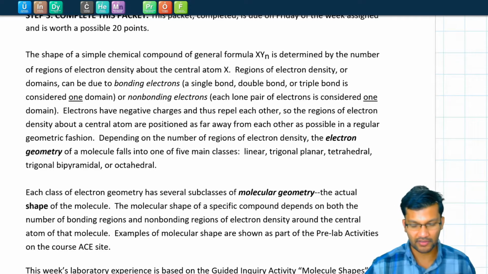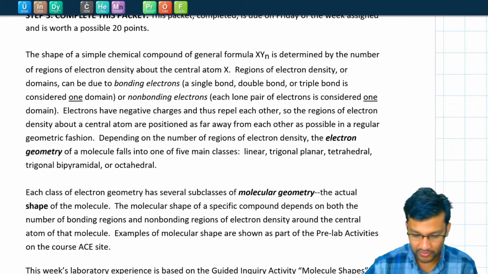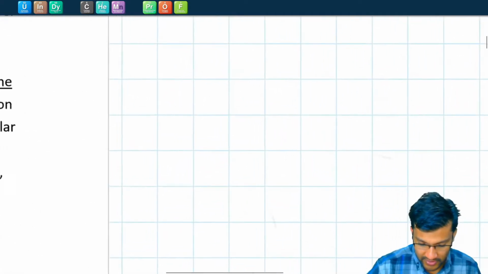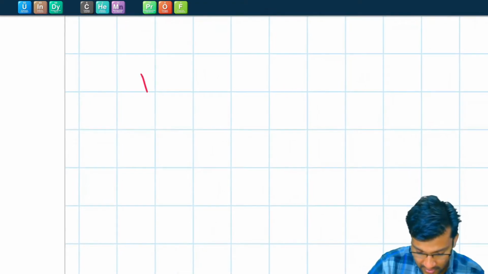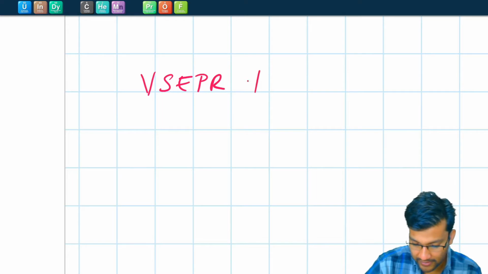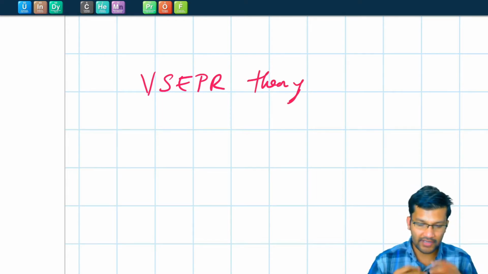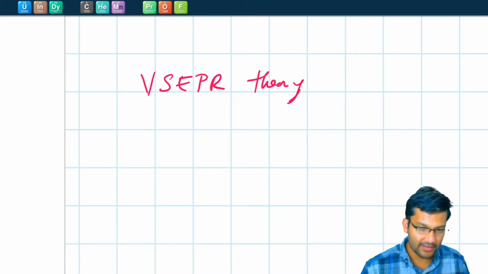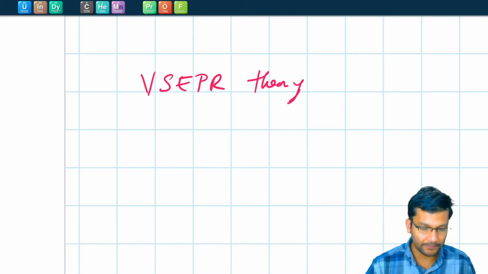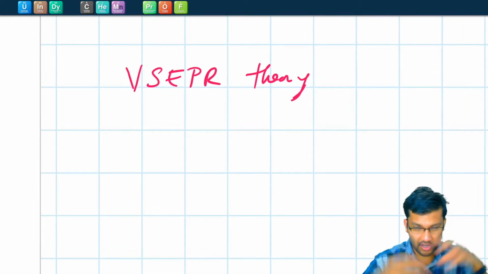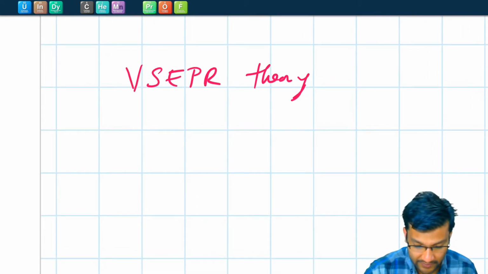Now in our course so far, we talked about how we can go about figuring out the geometries around certain atoms when they're in molecules using what we call VSEPR theory, valence shell electron pair repulsion theory. In this theory, every electron group or electron domain around an atom helps to determine the geometry that the other bonds around that atom would eventually be in.